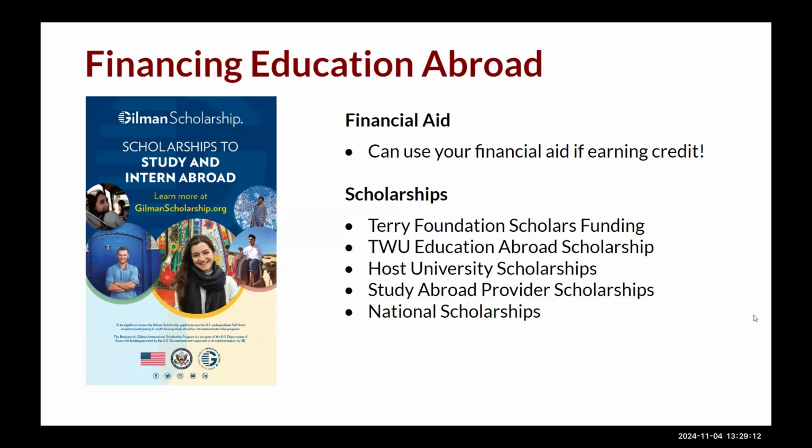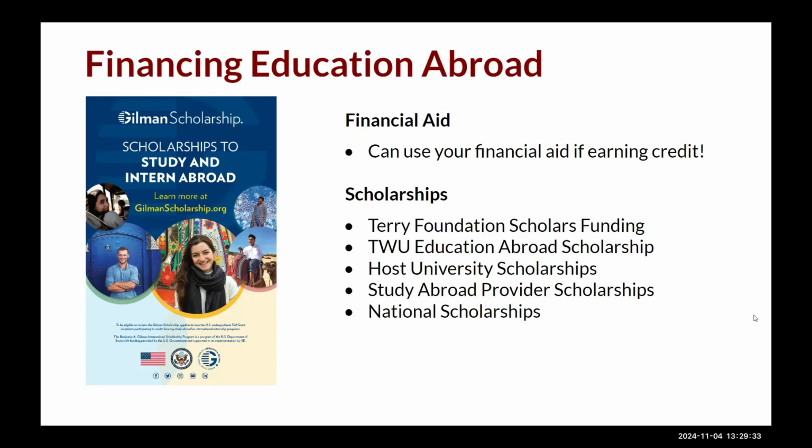Our providers also have scholarships and grants that you can apply for, and you can earn a lot of money through that. There are nationally competitive scholarships like the Gilman Scholarship, which is open to undergraduate Pell Grant eligible students, and that's up to $5,000.